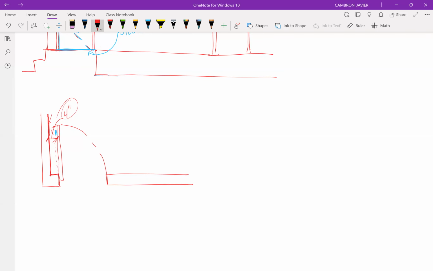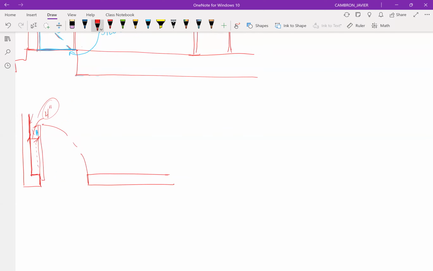Now, another common mistake when we're placing doors: let's say we put it 4 inches, but what I'll end up seeing is the door being placed in this direction.